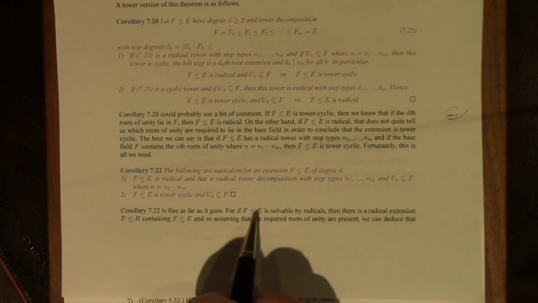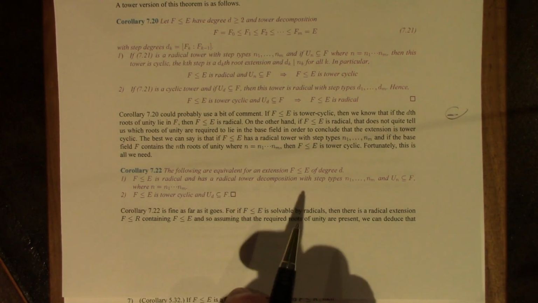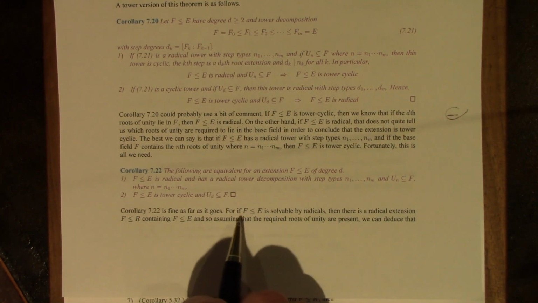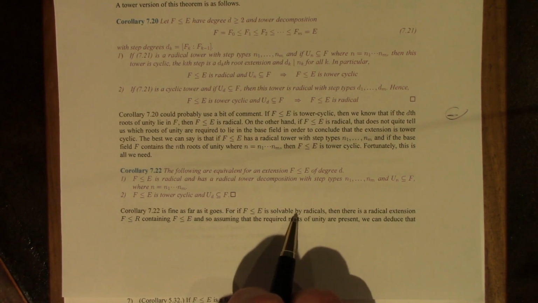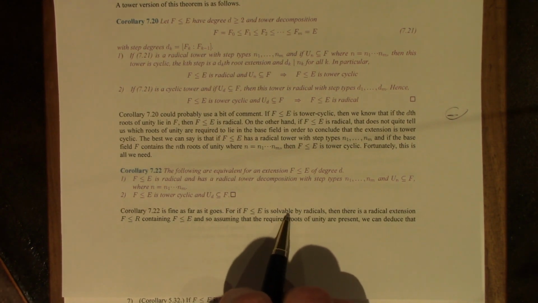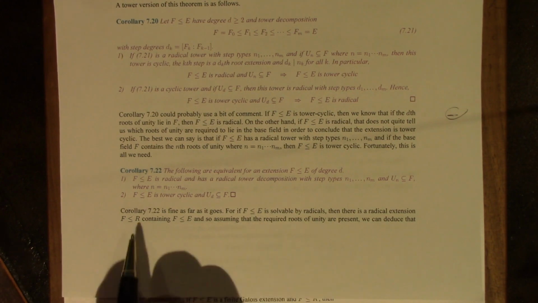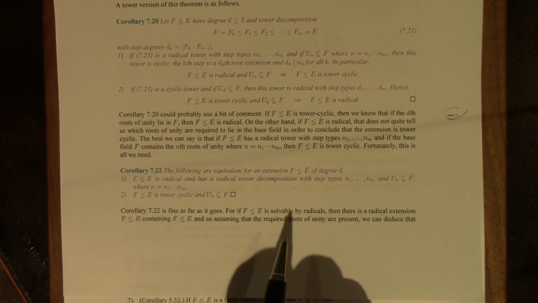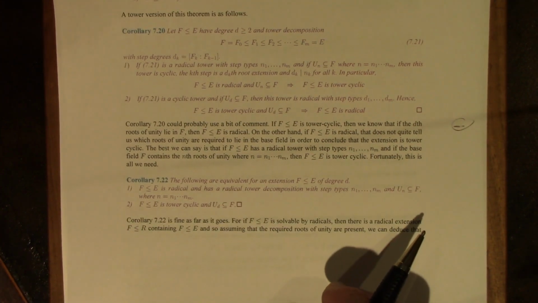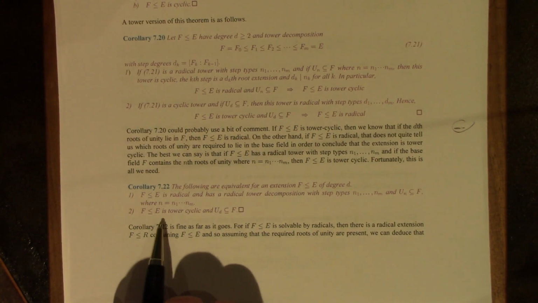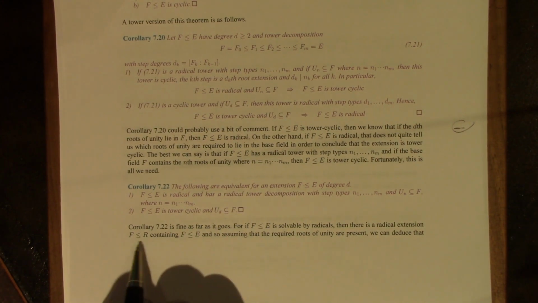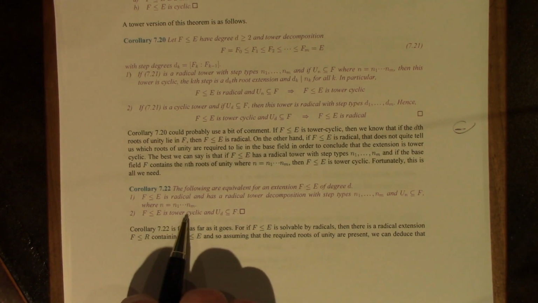And the reason is this: we can take this one step further, if you'll forgive the pun. If Fe is solvable by radicals, not necessarily a radical extension, but contained in a radical extension Fr, then again, assuming the roots of unity are where they need to be, we can deduce that Fr is tower cyclic.